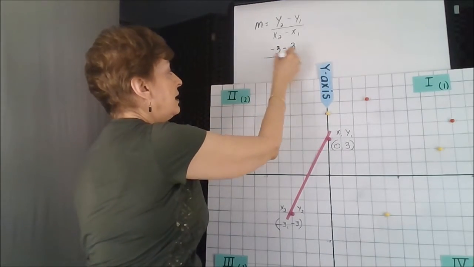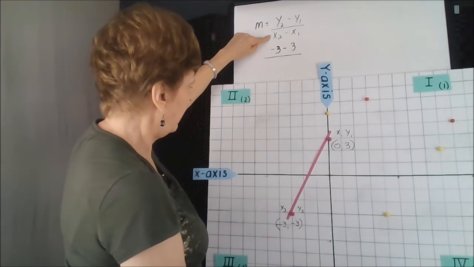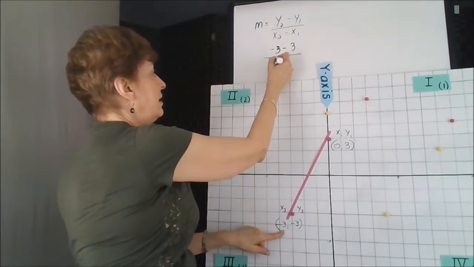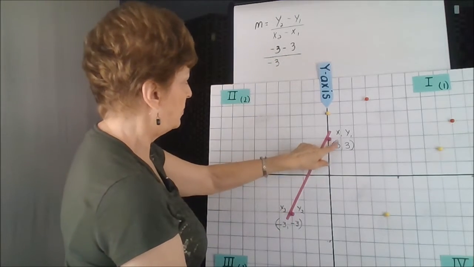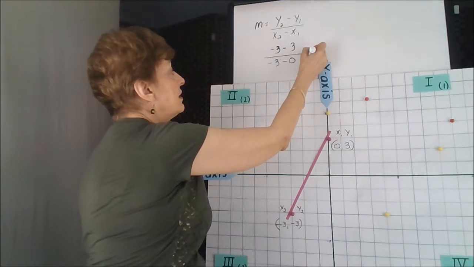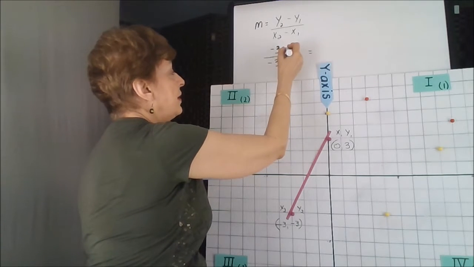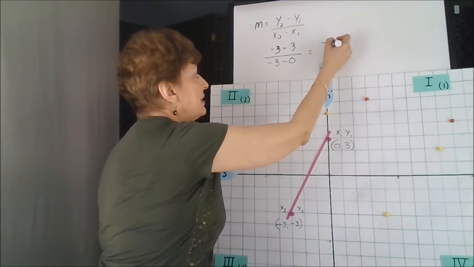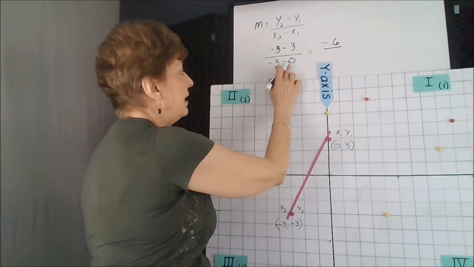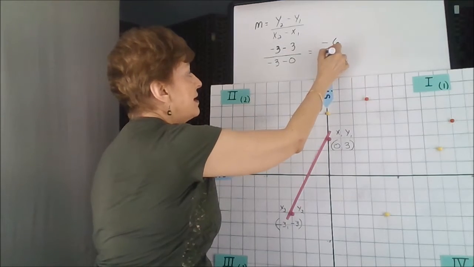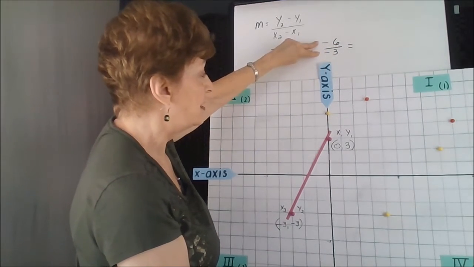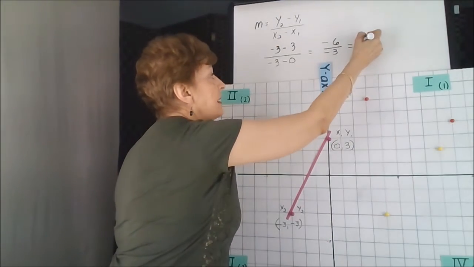Negative 3, 3, divided by our x2, which is another negative 3, and this x1 is 0, minus 0. So this negative 3 is a negative 6. Negative 3, negative 0 is a negative 3. Two negatives in division make a positive. So our slope then is 6 over 3.